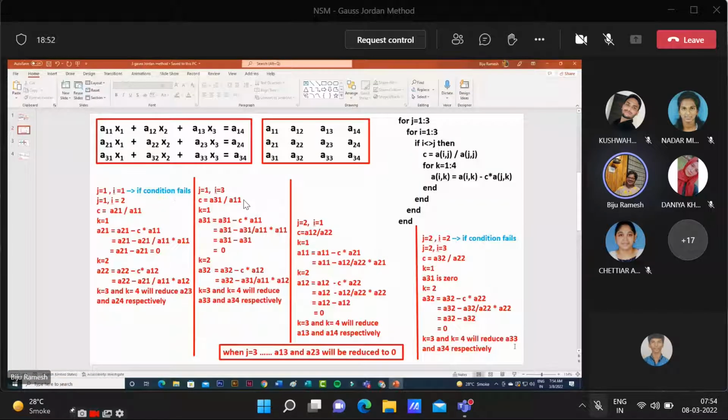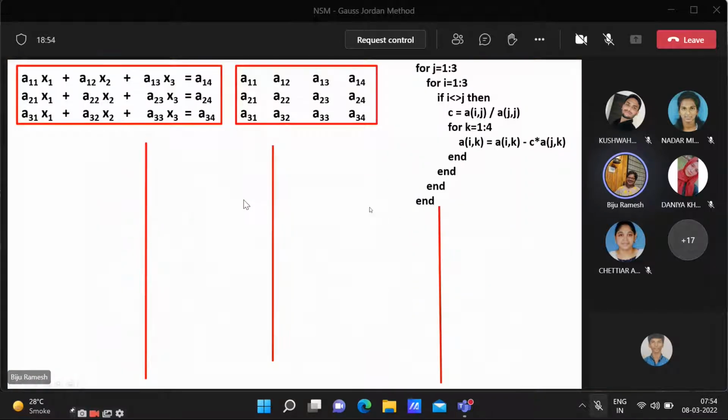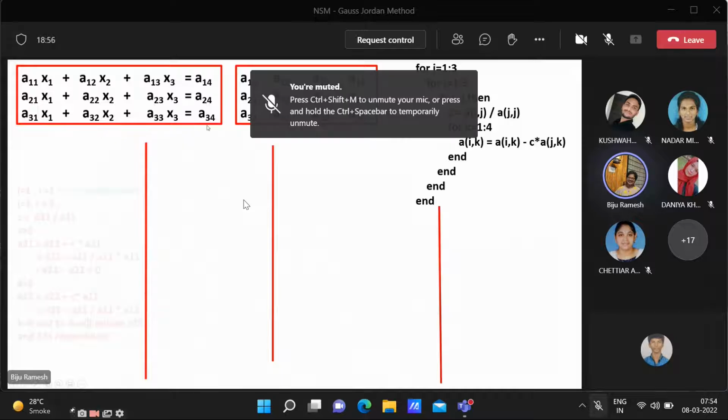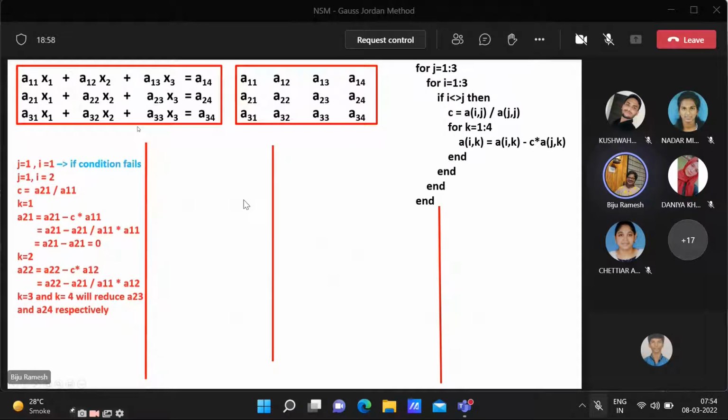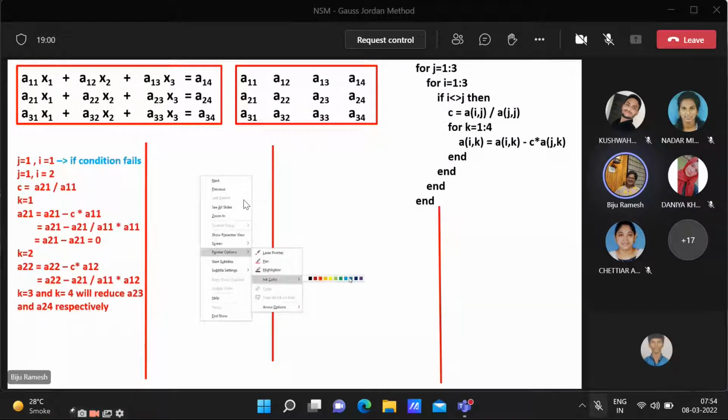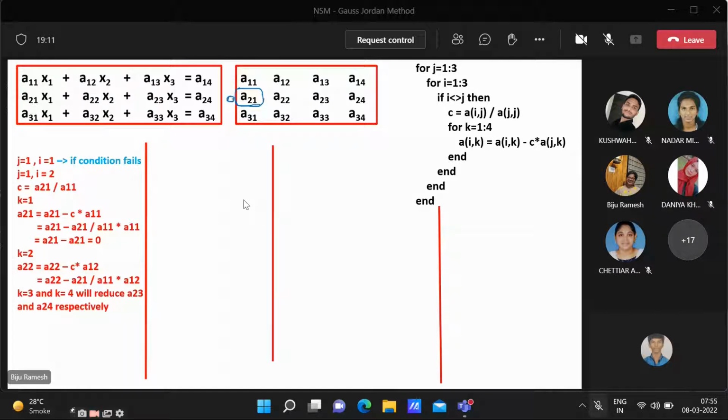Please listen carefully. Our first aim is to reduce this to 0. So we should get something like a21 minus a21, only then this is equal to 0. How do we get that?